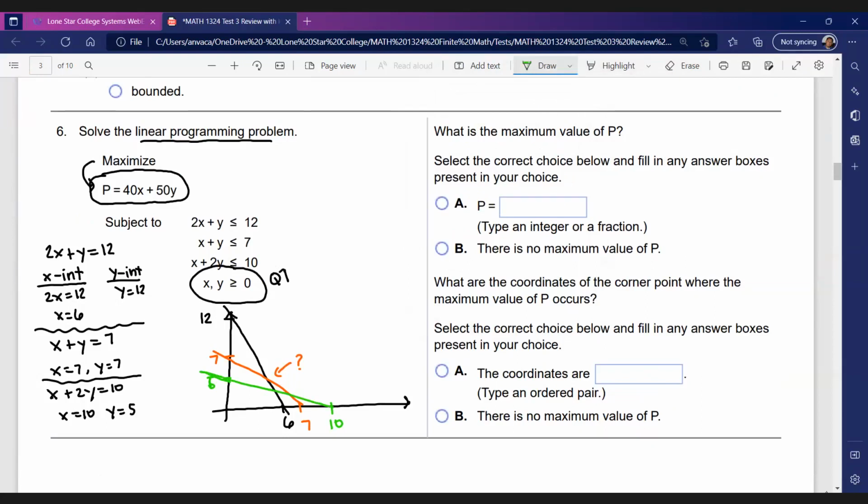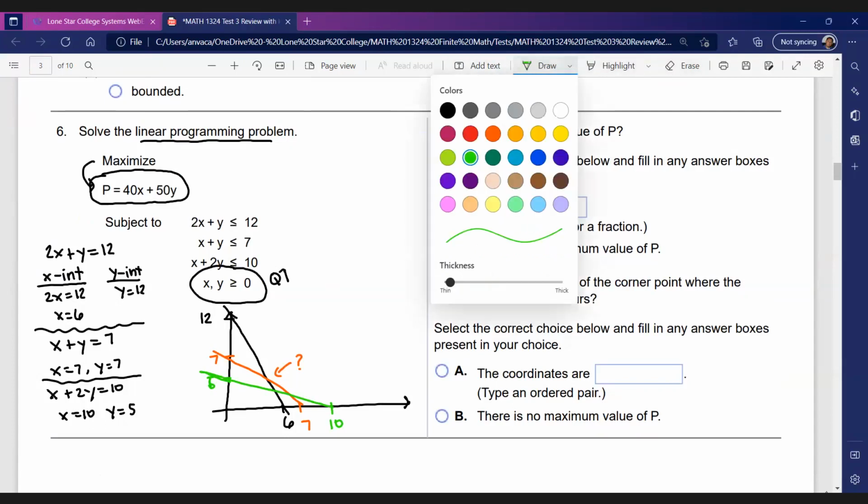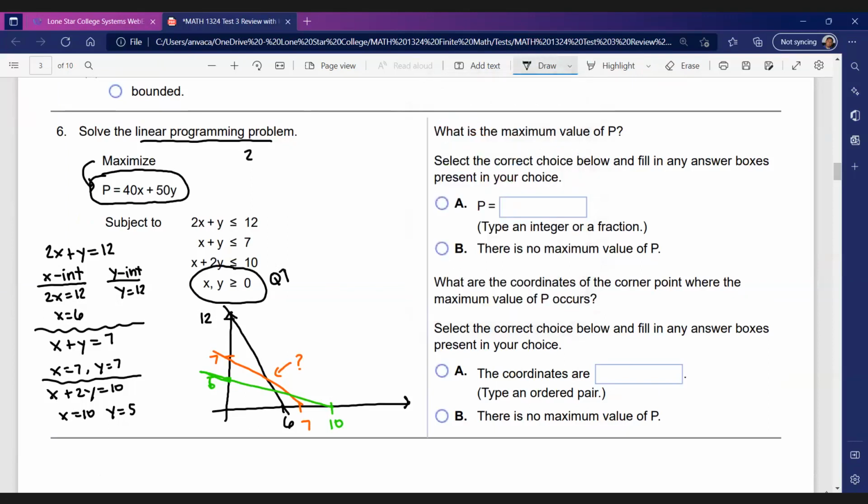So it seems like there's a whole bunch of corner points here. And so, let's see. Not necessarily that I wanted this to be a 30-minute example, but let's see if we can find these points of intersections rather quickly.